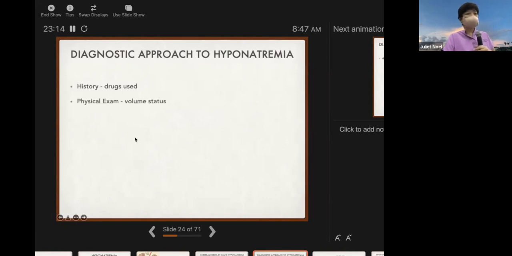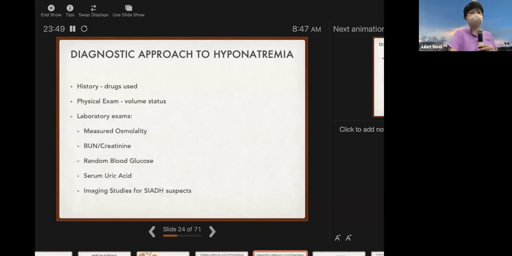Aside from that, in the history you inquire for any cause for decreased volume, like dehydration, diarrhea, vomiting, blood loss. For physical exam, you check for volume status. So signs of dehydration, signs of volume overload, no?